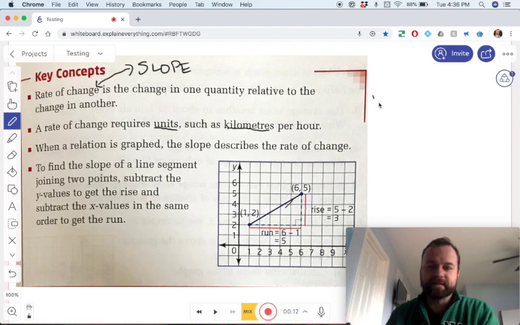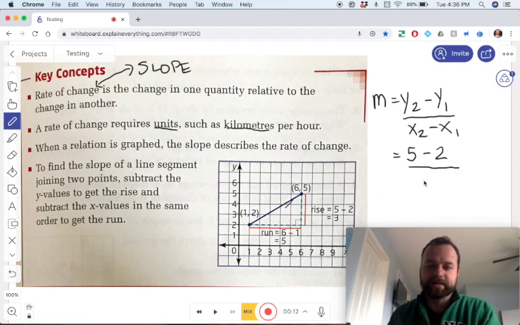So again, that special formula we've been using is y2 minus y1 over x2 minus x1. And if I use my little trick and I make the point furthest on the right-hand side y2 and x2, I can create this equation 5 minus 2 divided by 6 minus 1.